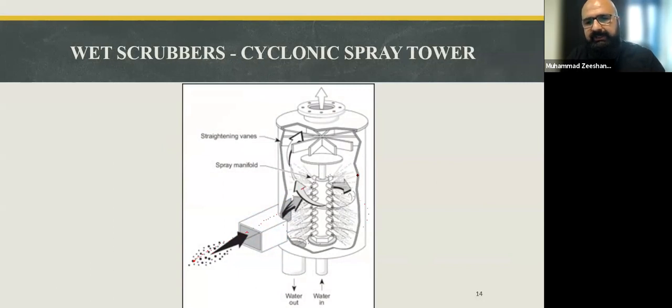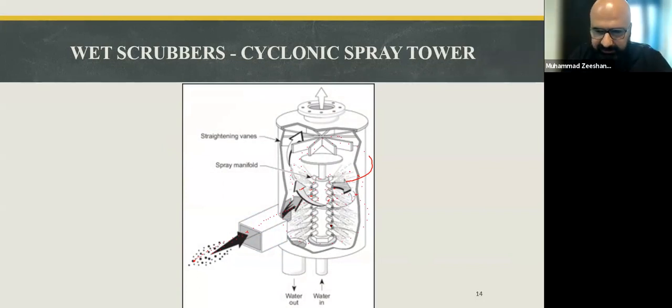And that makes the gas move in a spiral path upward. And in the same space, we have got water showers, right? So over here, we attach water droplets with the particulate matter. We make the particulate matter move on a circular path.